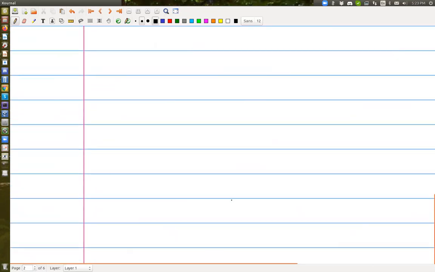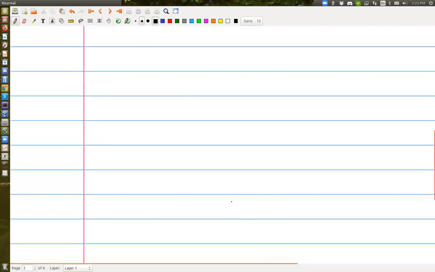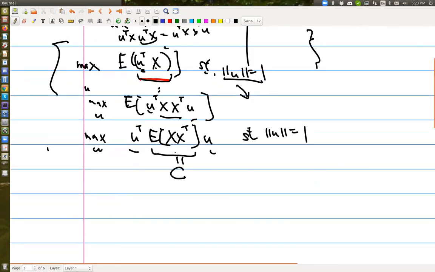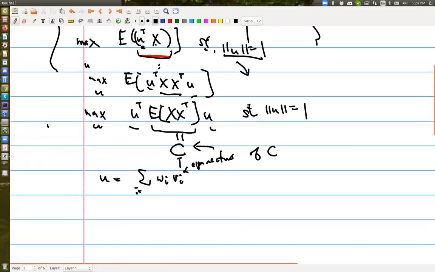So from our discussion at the beginning, if I have a symmetric matrix, then the eigenvectors of the symmetric matrix can span the entire space. Therefore, I can write any u as a linear combination of the eigenvectors of C, u equal to the sum of w_i v_i, where the v_i are the eigenvectors of C.